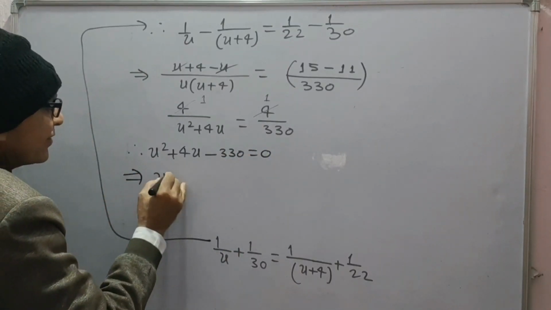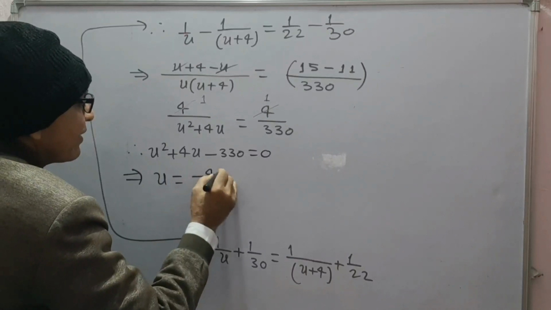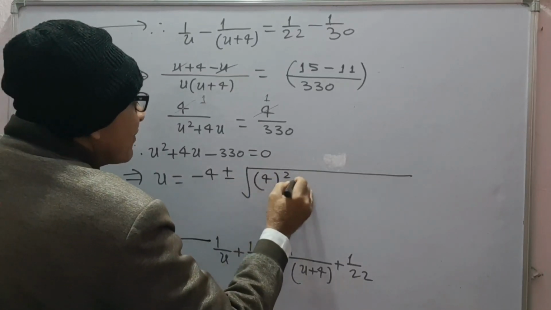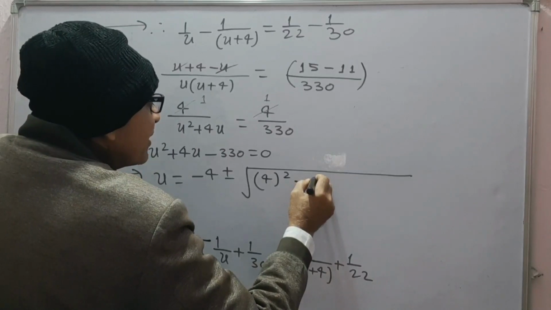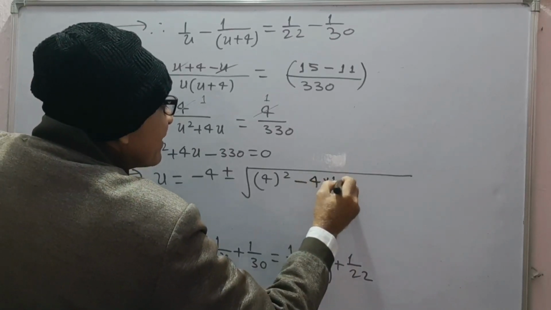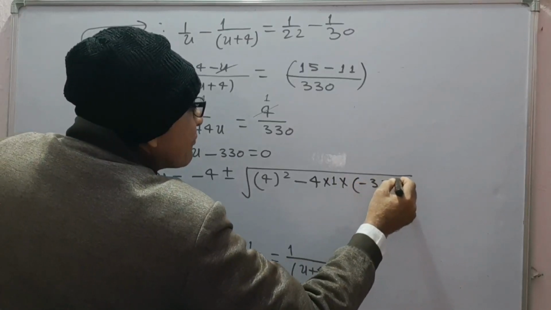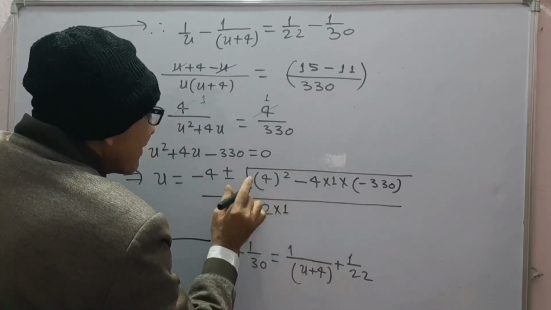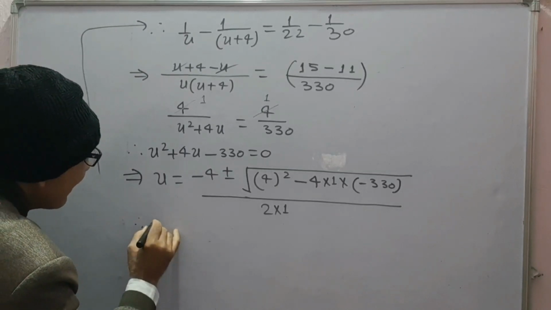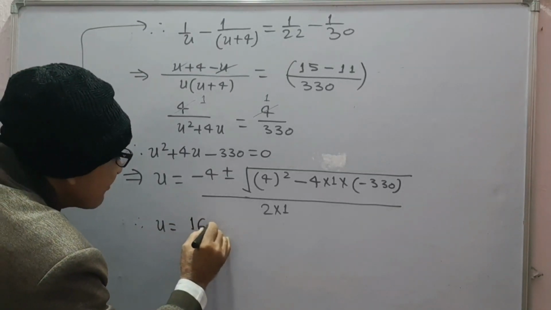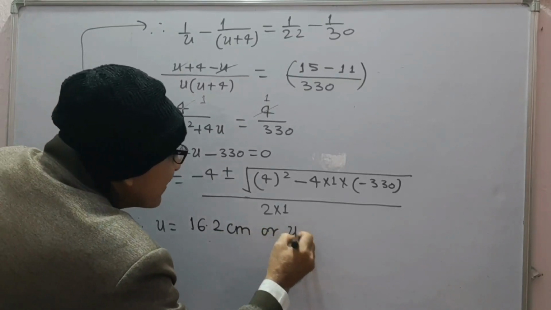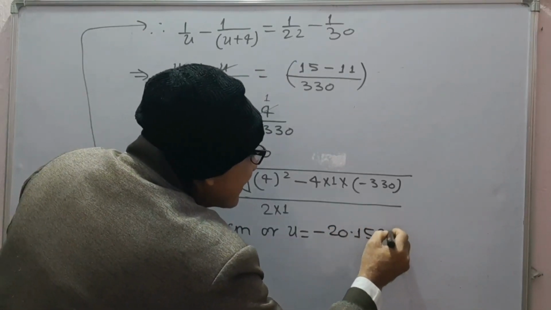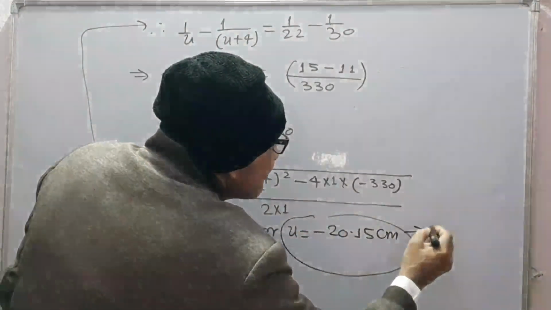This gives u is equal to minus 4 plus minus under root 4 square minus 4ac, where a is 1, c is minus 330, whole upon 2a, which gives u is equal to 16.2 cm or u is equal to minus 20.15 cm. The negative value is rejected.